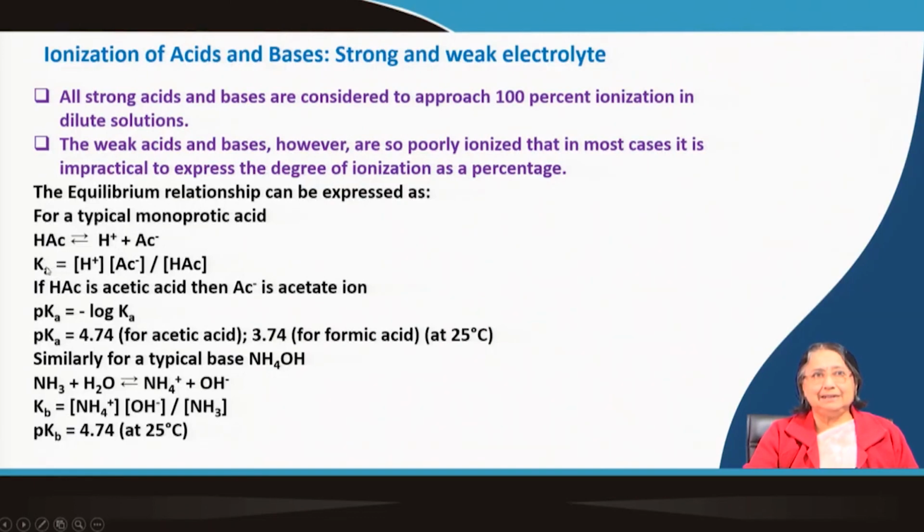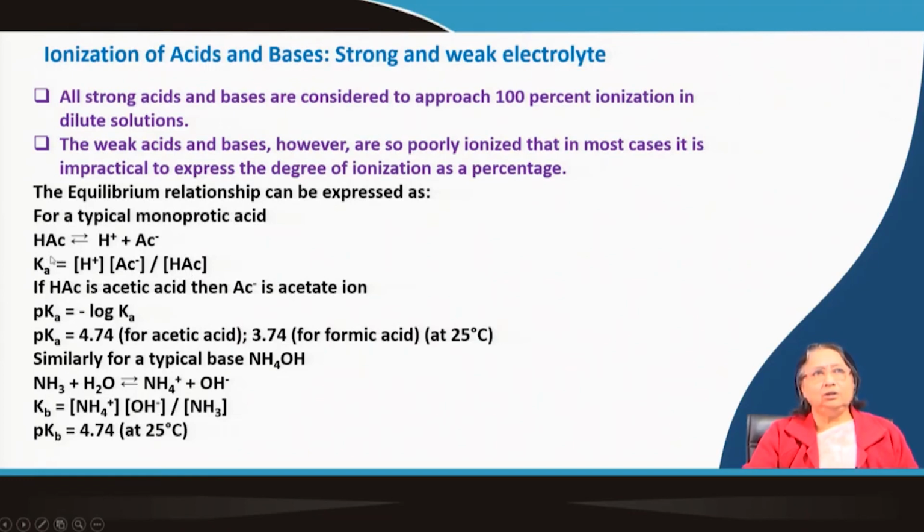This is the acid, that is why A is coming, and from this equation we can easily tell that Ka is H plus ion concentration times acetate ion concentration divided by the undissociated acetic acid concentration.